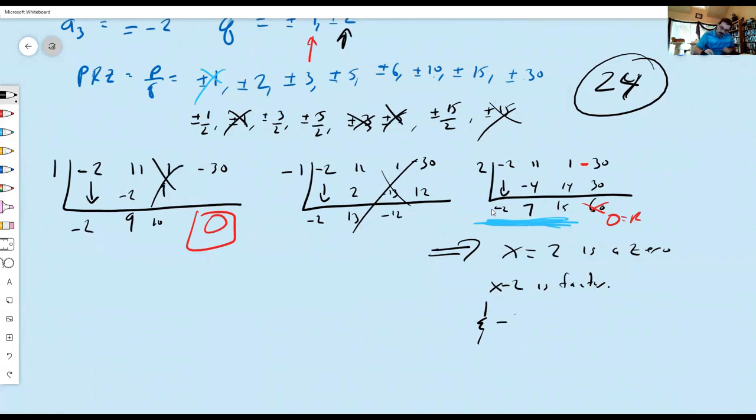So this is minus 2x squared plus 7x plus 15. Now I need to go until I have all the zeros. Right now I have 1 zero. X equals 2.